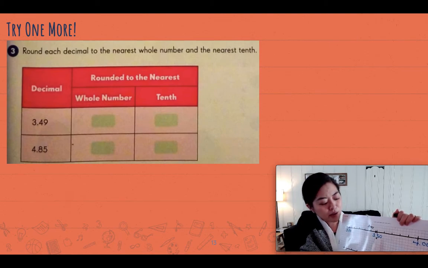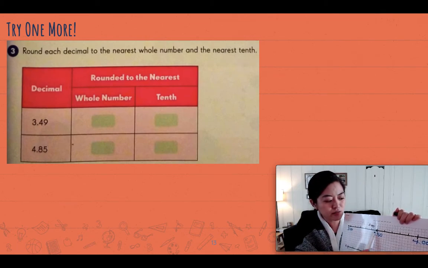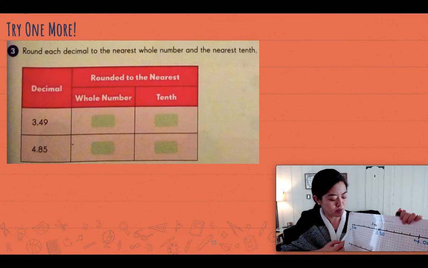But is it at the halfway point or is it less than half on the number line? It's less than half, right? So it actually rounds to this number here.